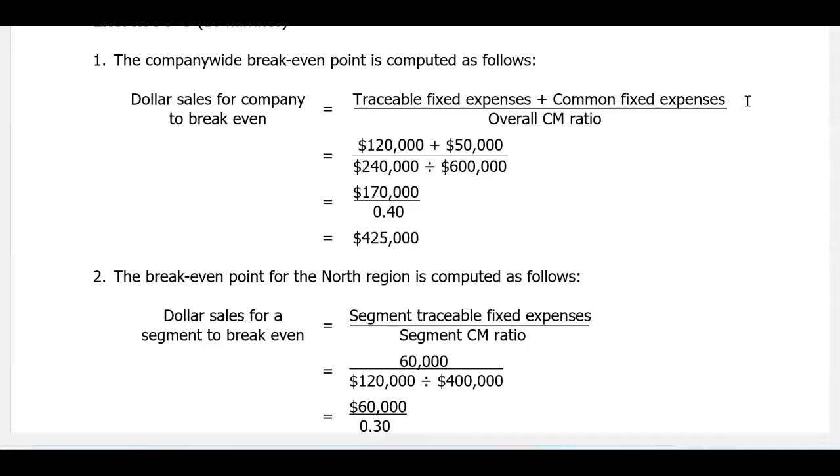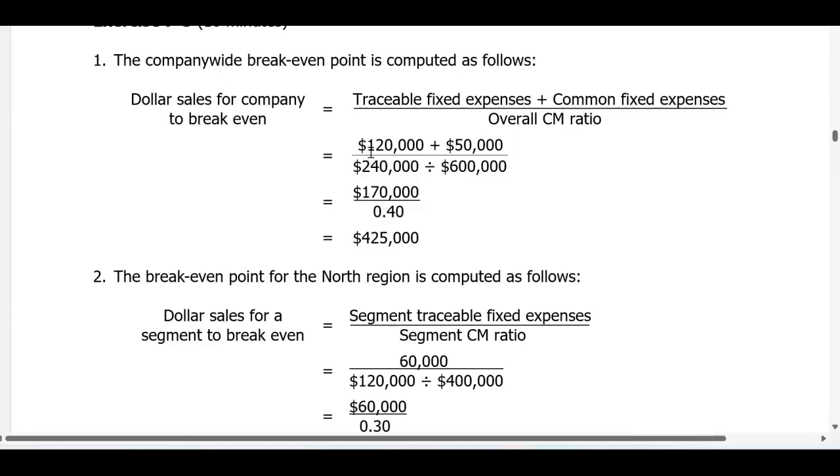It's just my way of showing you a formula that you can apply to anything. Just imagine there is a plus zero target profit, divided by the overall contribution margin ratio. So this is company-wide.